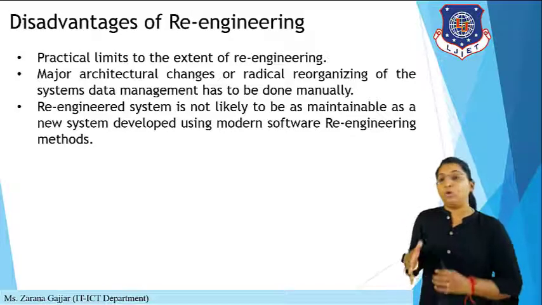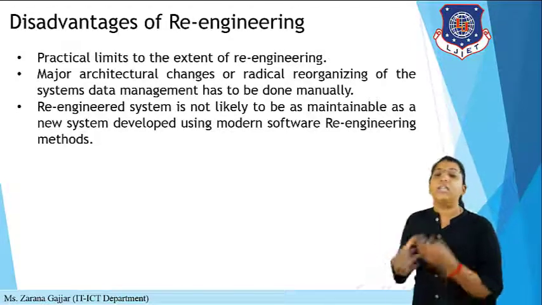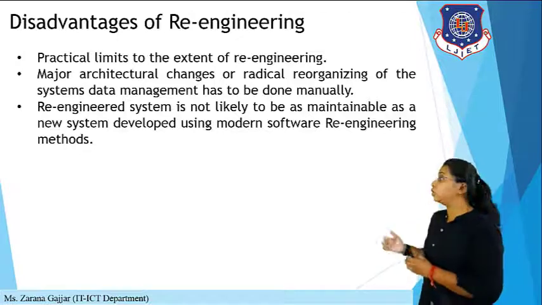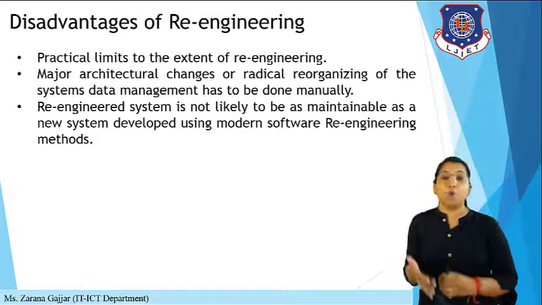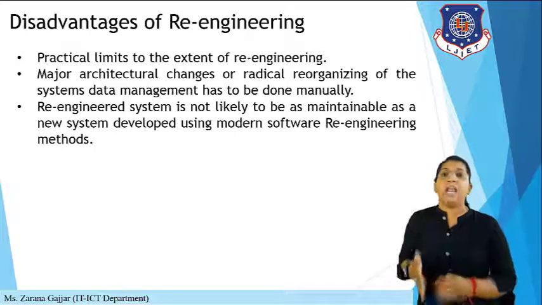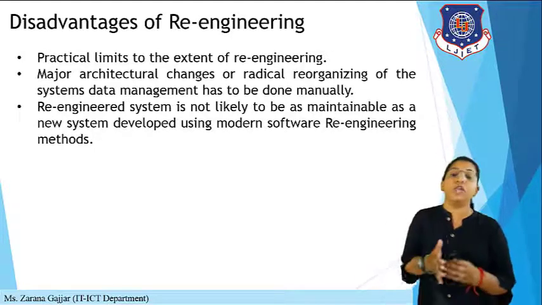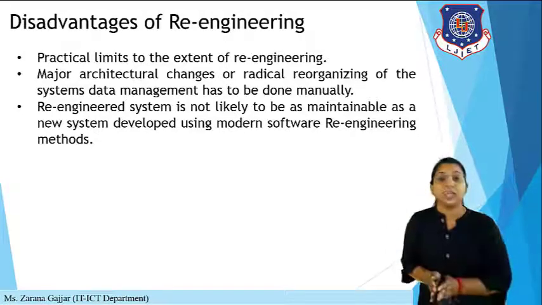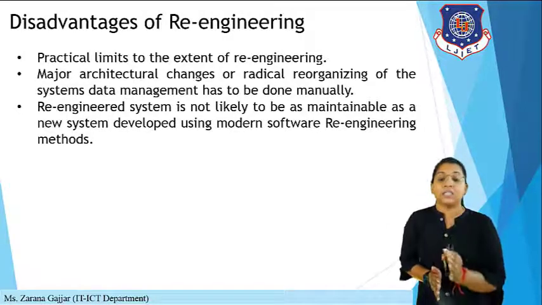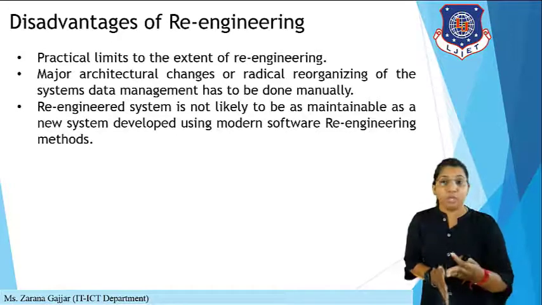So multiple times you have to do manual work rather than automatic work. Also, a re-engineered system is not likely to be as maintainable as a new system developed using modern software engineering methods, because you are modifying your existing system, you are not developing a new system.